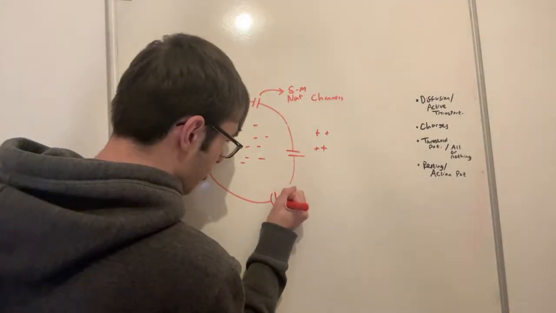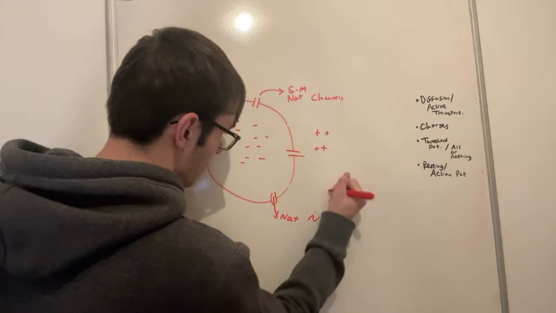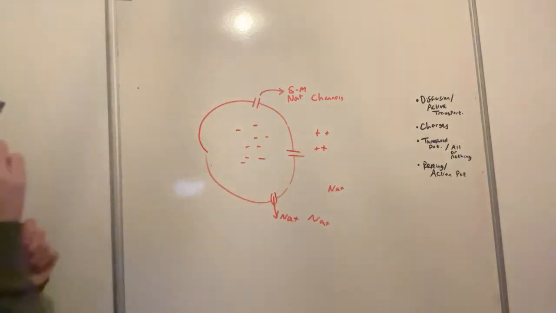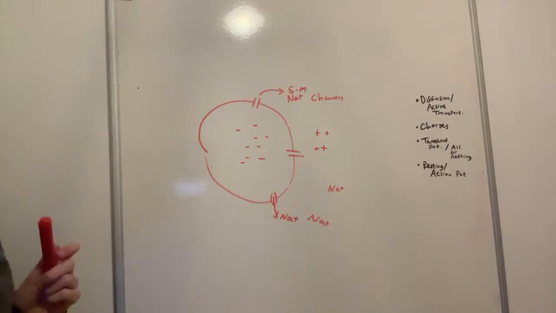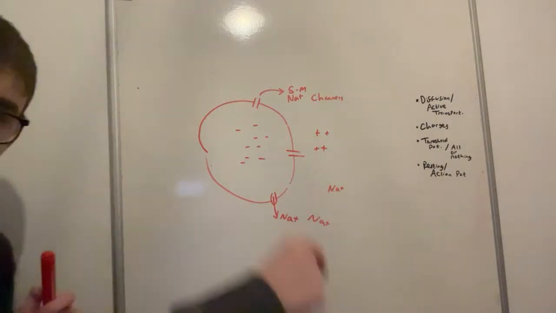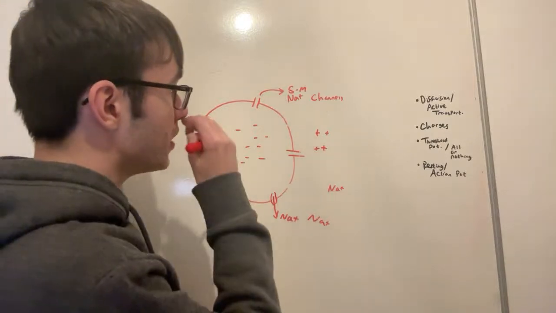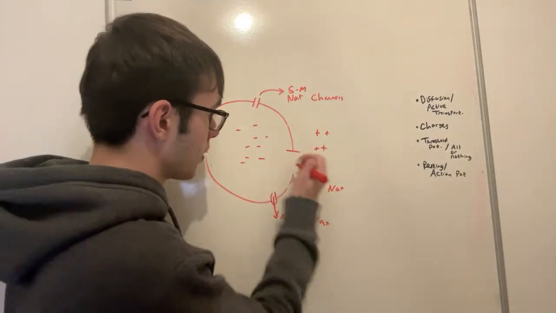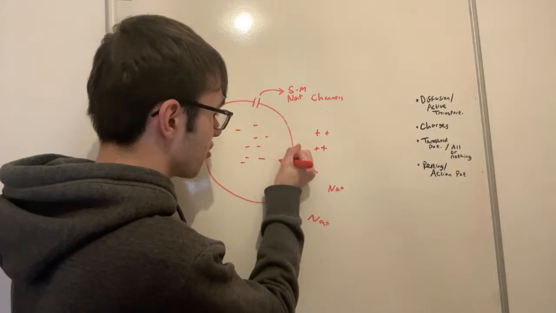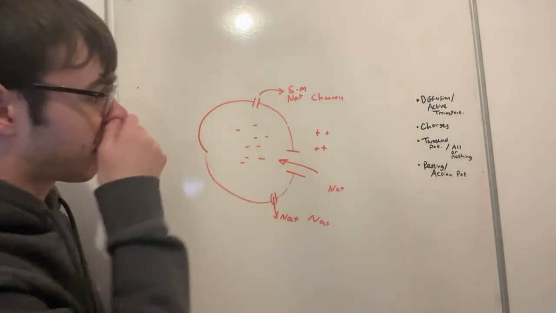There are going to be the sodium-potassium pumps, which are pumping out the sodium, maintaining that negative charge, negative resting potential. So, when pressure is applied, the stretch-mediated channels are going to open up, allowing sodium ions to enter the cell and increasing the charge.